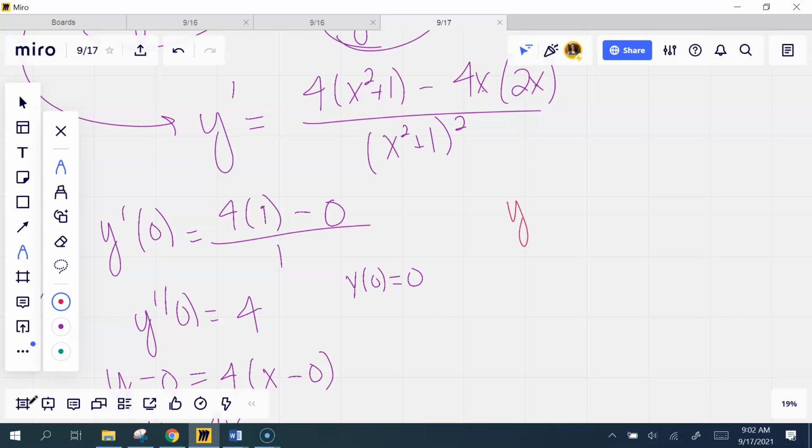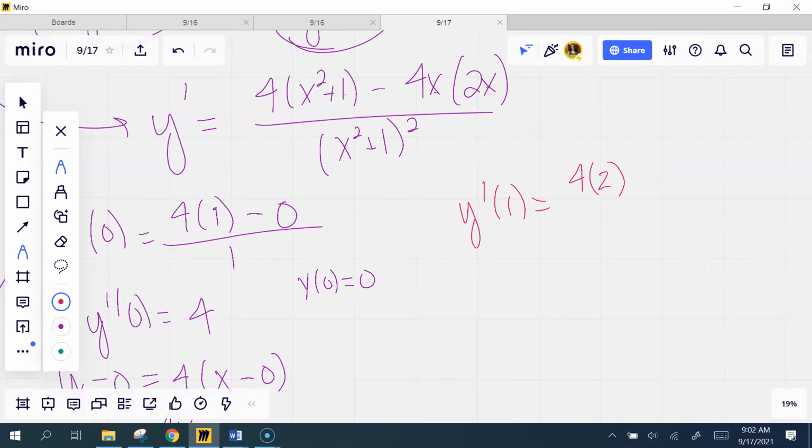same song, different dance, huh? Derivative at 1, 4 times 1 squared plus 1 would be 2, minus 4 times 2 over, does it even matter? Doesn't really matter, because up top is what?